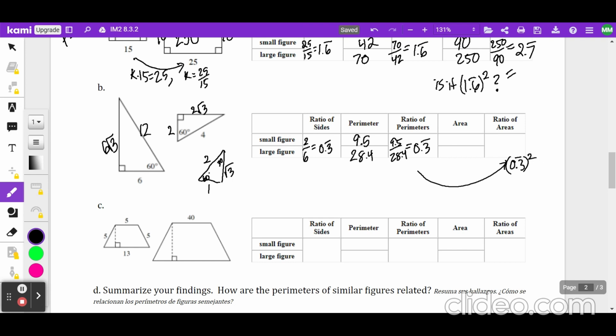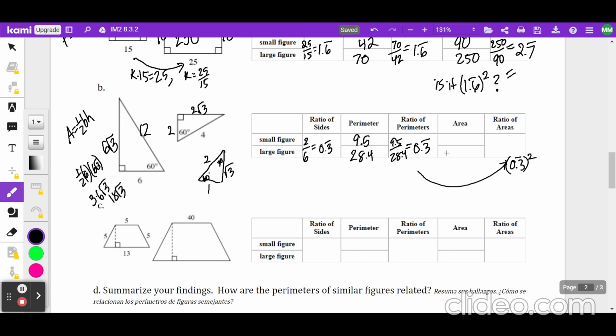Okay, let's check though. So the area, this is a triangle. Area of a triangle is 1/2 base times height. So for the large triangle, I have 1/2 times 6 times 6 root 3, which is 3 times 6 root 3, which is 18 root 3.